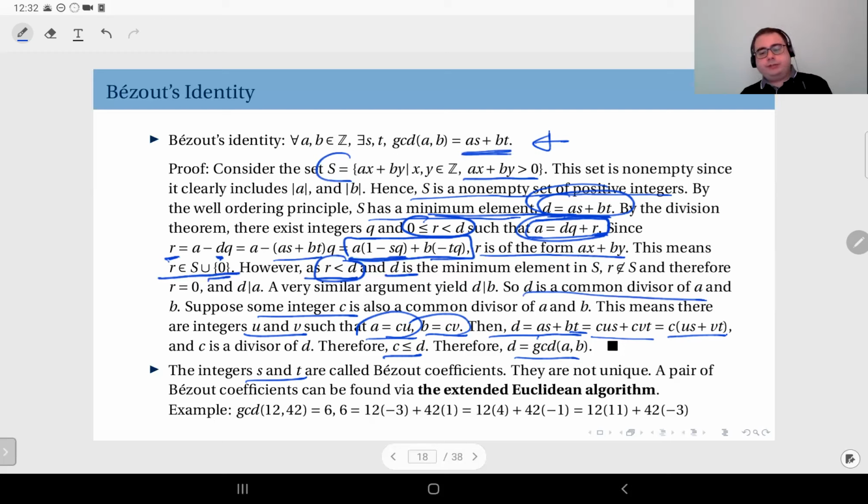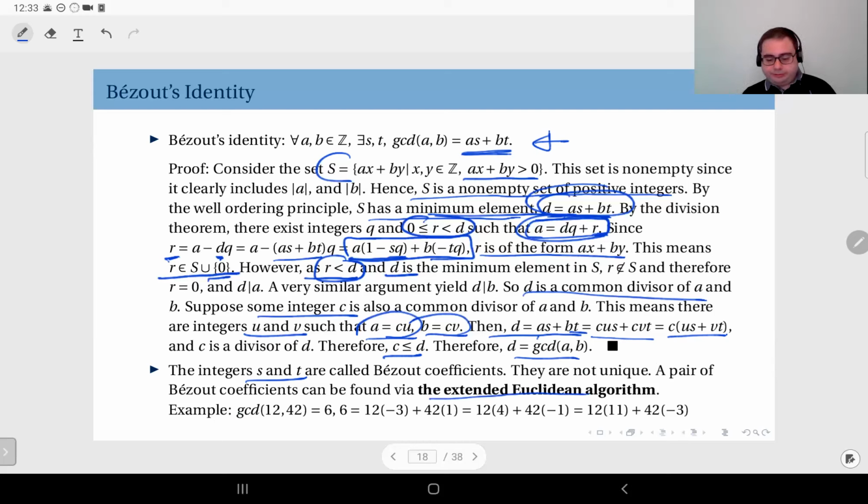So this expression, the GCD of A and B equals AS plus BT, is satisfied not by a unique pair of S and T, but in a general sense, by infinitely many pairs of S and T. And it's not that difficult to find these pairs S and T. They can be found through the extended Euclidean algorithm.